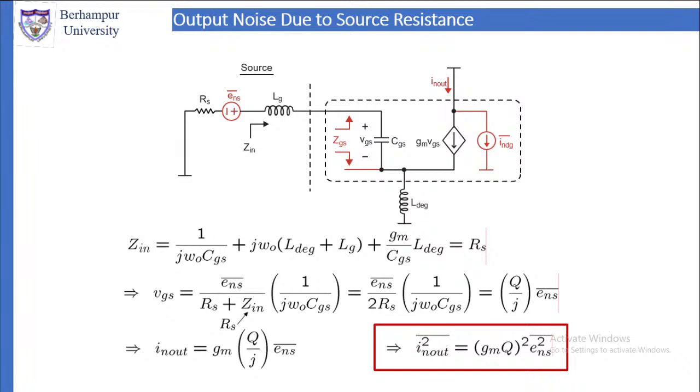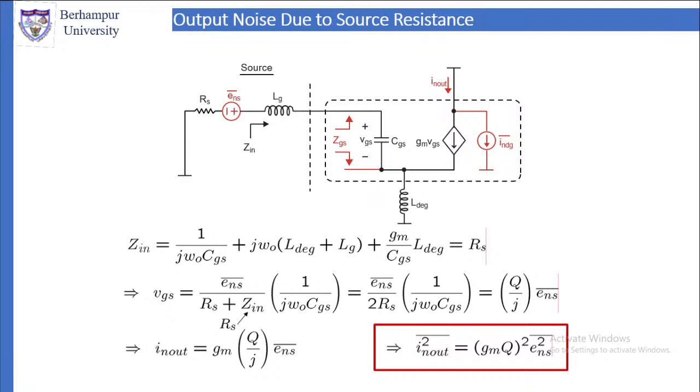The voltage across that capacitance is VGS. Then the current through the device is controlled by VGS. The current is gm into VGS. There is a noise current, I NDG. Then I output is the output current of the device.